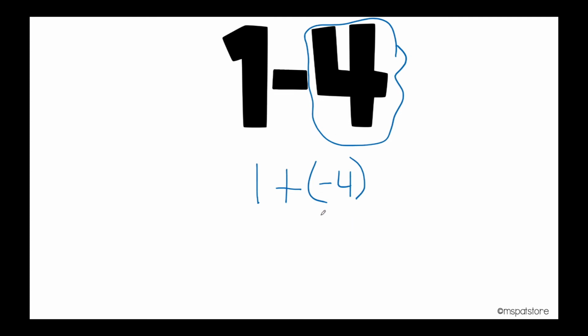Remember that when you're adding integers and they have different signs, you need to subtract them and keep the sign of the greatest absolute value. As 4 minus 1 is 3, and the greatest absolute value in this case is negative 4, my answer will be negative 3. Try to do this one by yourself. Pause the video and then come back.